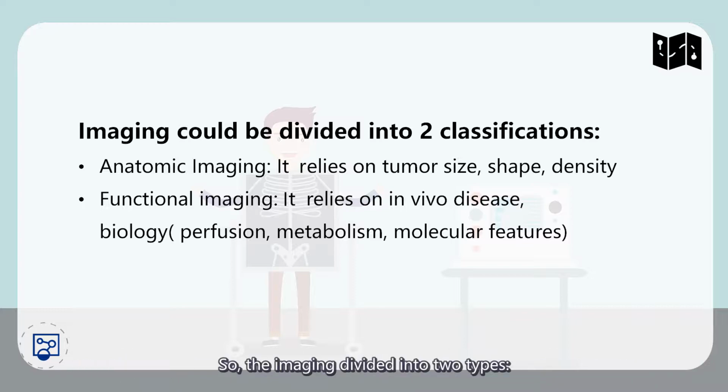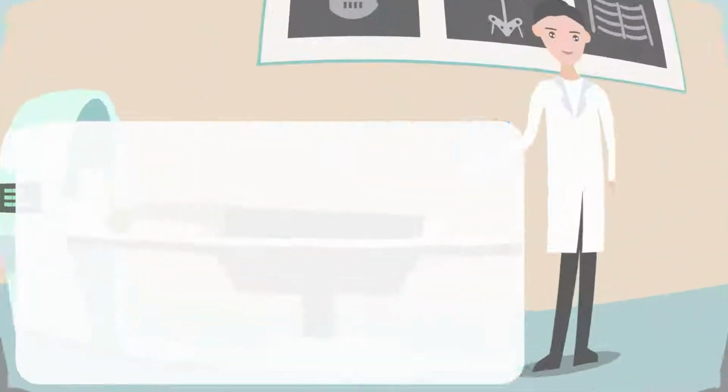So you know the imaging is divided into 2 types, anatomic imaging and functional imaging. Molecular imaging belongs to functional imaging. So you should know molecular imaging does not show the anatomic change. It will show the function or metabolism change.